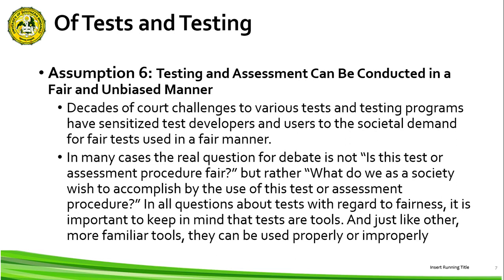Today, all major test publishers strive to develop instruments that are fair when used in strict accordance with the guidelines in the test manuals. Differences such as culture can cause a test to result in inaccurate and unfair outcomes. Therefore, it is important to continue taking steps to help ensure unbiasedness.